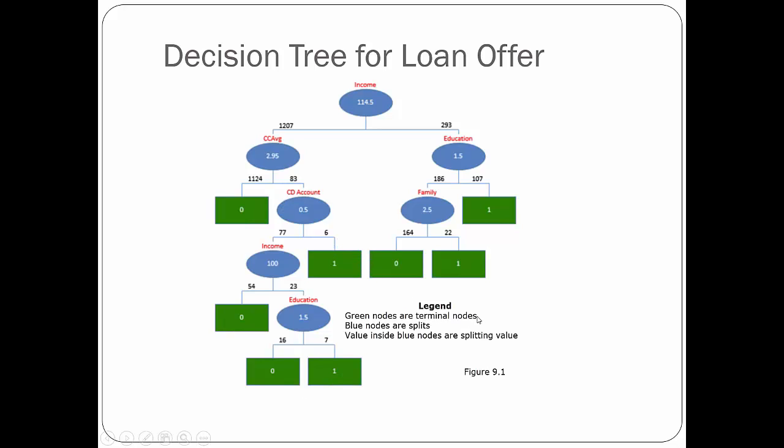Green nodes are the terminal nodes that give you the decision. These terminal nodes give you a decision of class equal to 1, and these give you a decision of class equal to 0. Some branches are short, some branches are really long. Also notice that a given predictor may appear more than one time in the course of the decision tree.